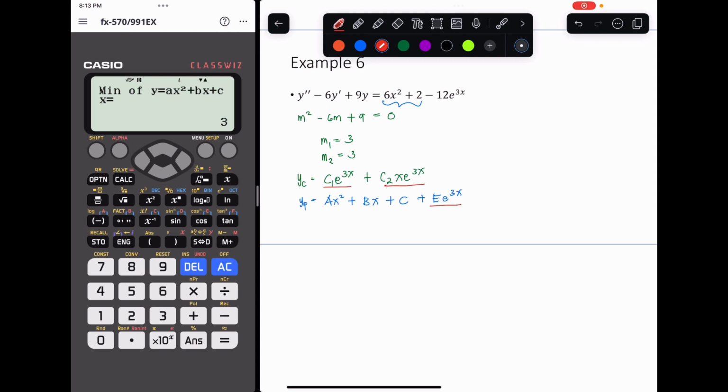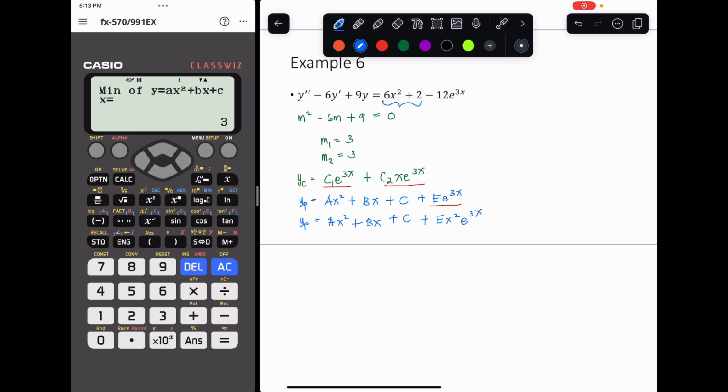So we multiply by x squared, giving x squared e raised to 3x. Now x squared is no longer the same as any of the two terms of the complementary solution. So our yp is ax squared plus bx plus c plus E x squared e raised to 3x.